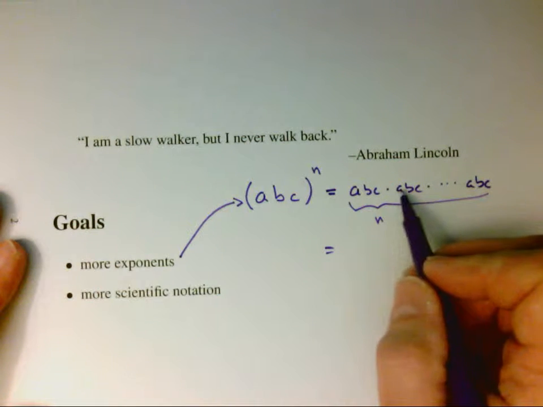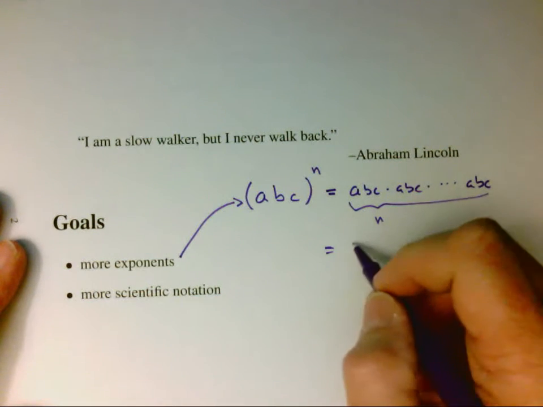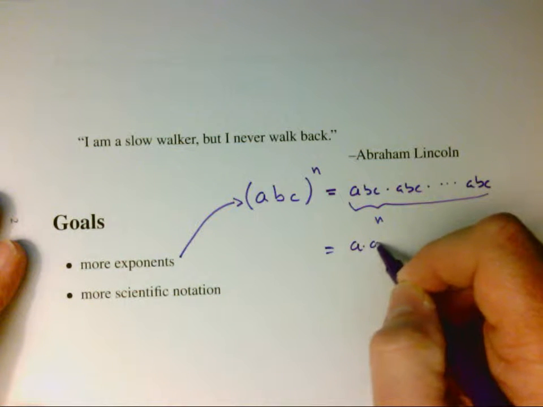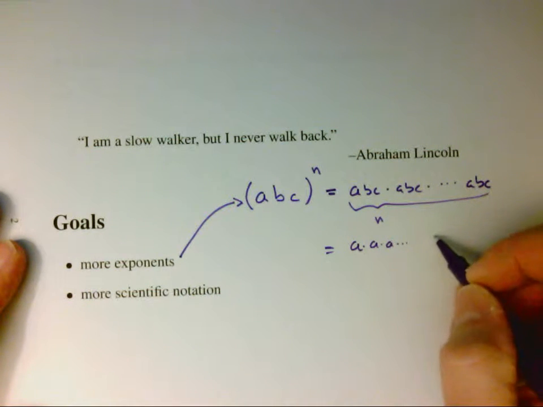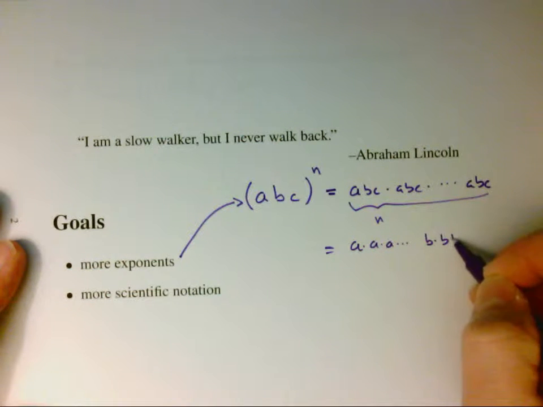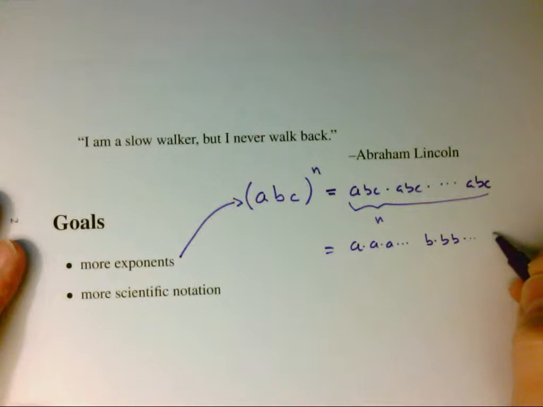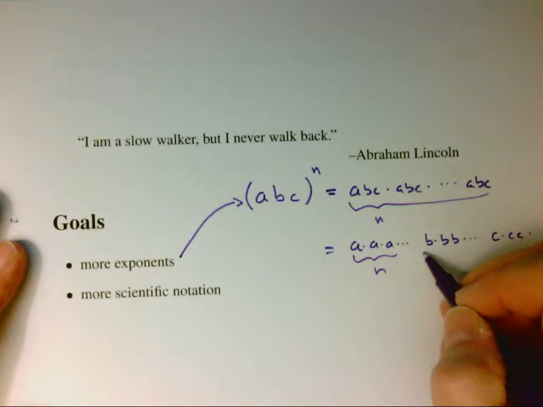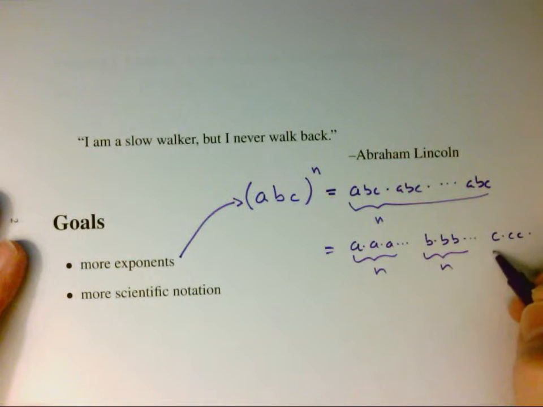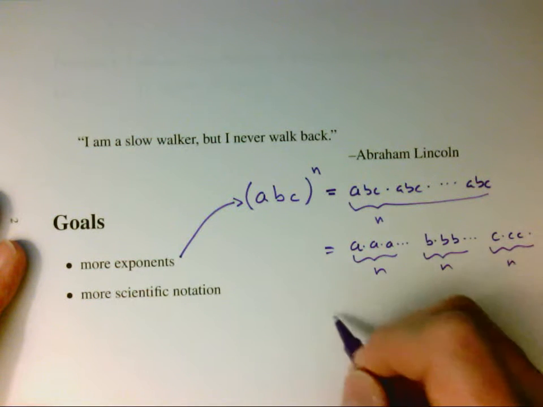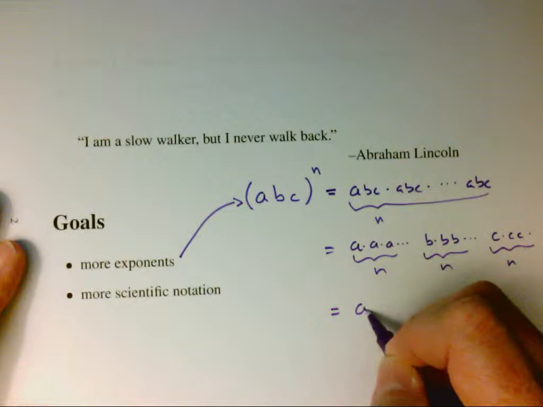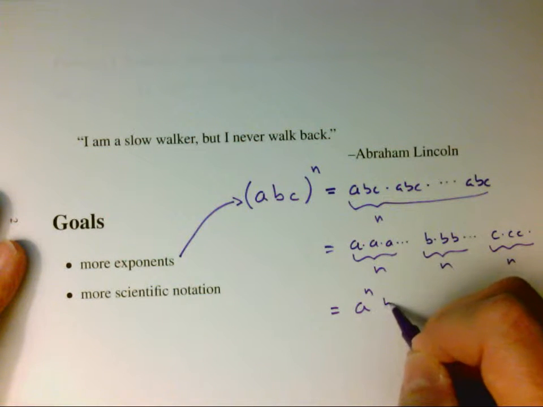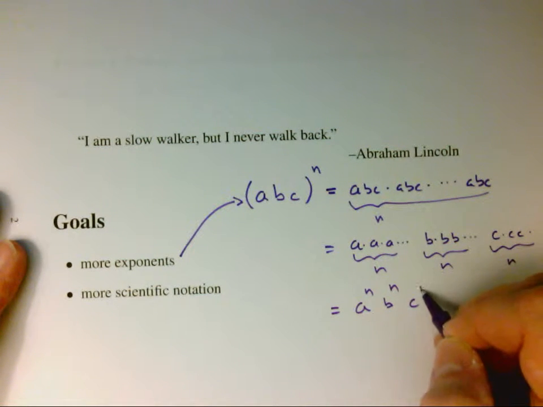You've got three factors here, three here, n times. We can rearrange this so the a's come first, and then the b's come next, and then finally the c's come. In each case, we'll have n a's, n b's, and n c's. So what we end up with is a to the n times b to the n times c to the n.